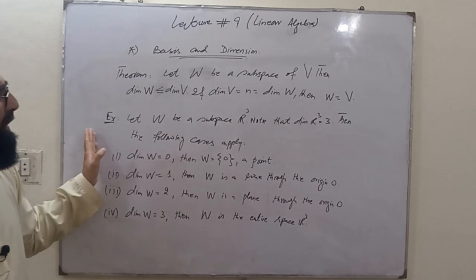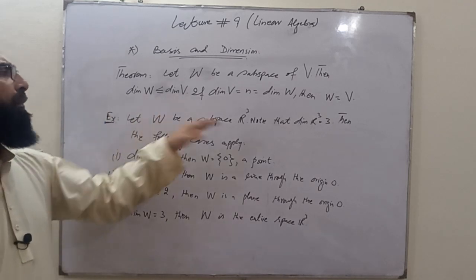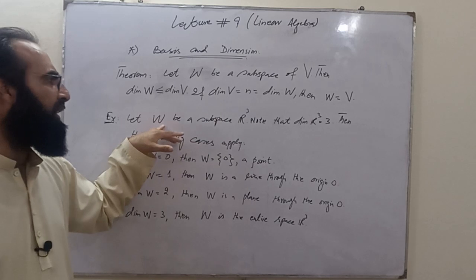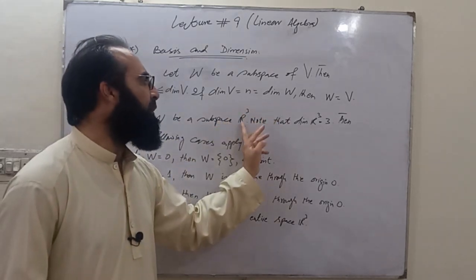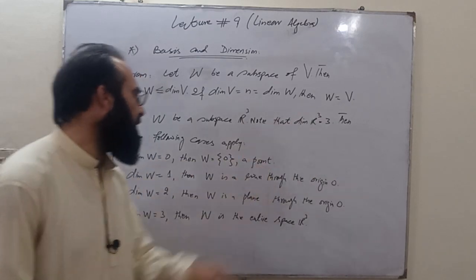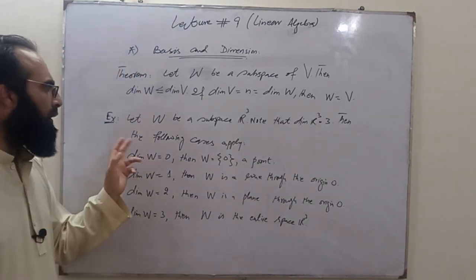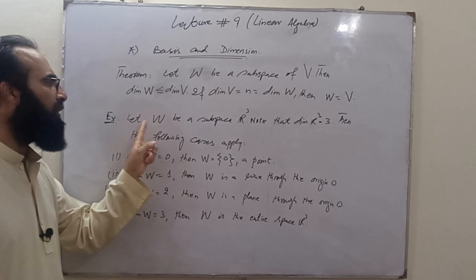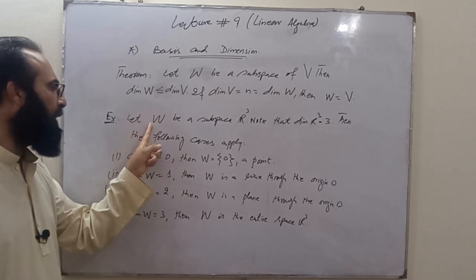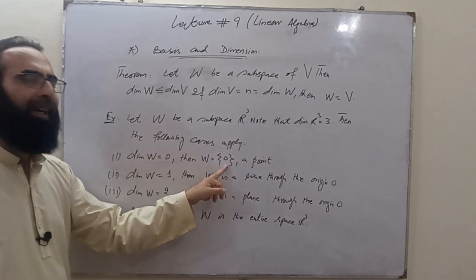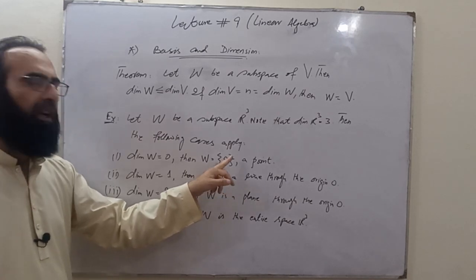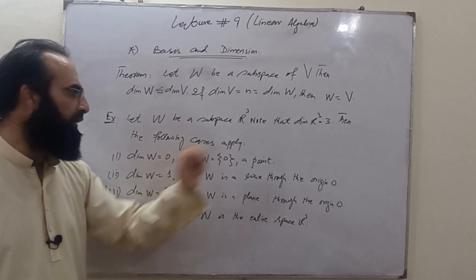In this example, we have a vector space R cube and W is its subspace. We know that the dimension of R cube is 3. Number one, if the dimension of this subspace W is 0, then W will consist of only the 0 vector, means origin, means a point.